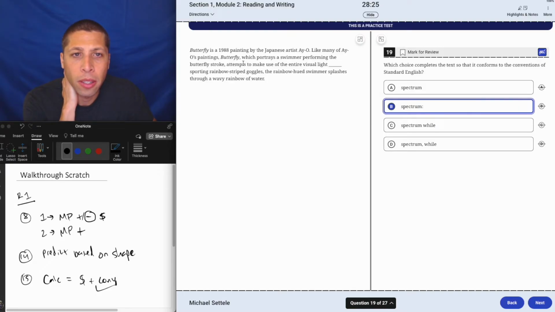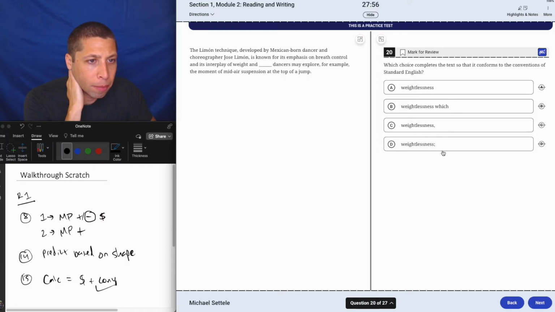The painting's attempt, Butterfly attempts to make use of the entire visual light spectrum while sporting rainbow-striped goggles, the rainbow-hued, no, because the while is applying to the rainbow-hued swimmer. And this makes it sound like it's the spectrum. It makes use of the entire visual light spectrum while sporting. No. It's definitely this.